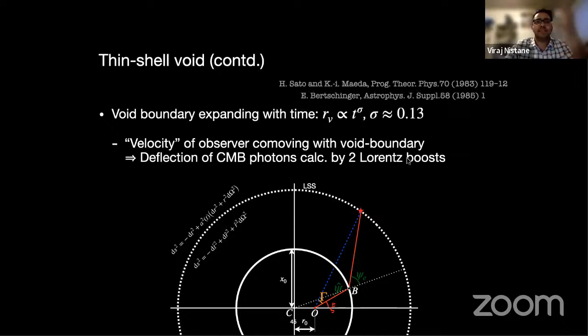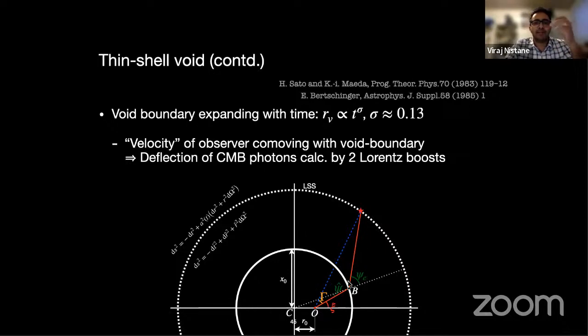And so hence with a moving void boundary, if we consider an observer co-moving with the void boundary, we have a velocity of the observer, right? And then the deflection of the CMB photons due to this inhomogeneous transformation is calculated by having two consecutive Lorentz boosts. So the first one is to convert the photon 4 momentum from this region to the frame of the void shell.